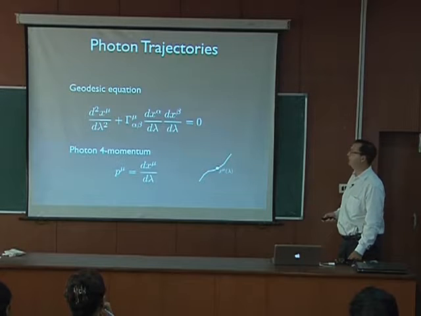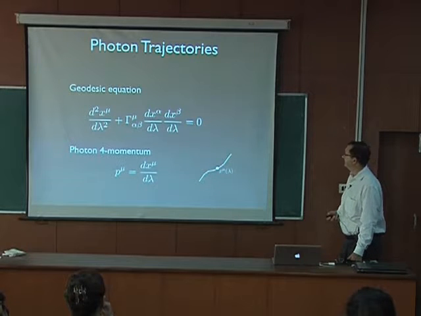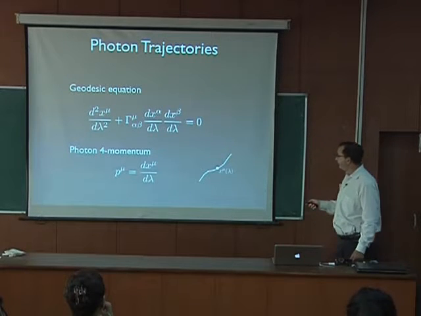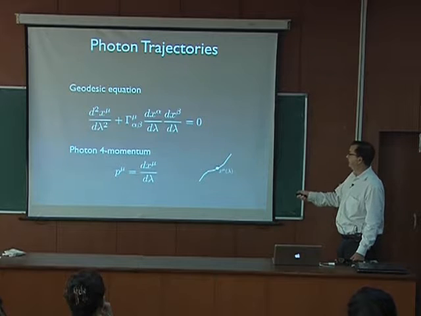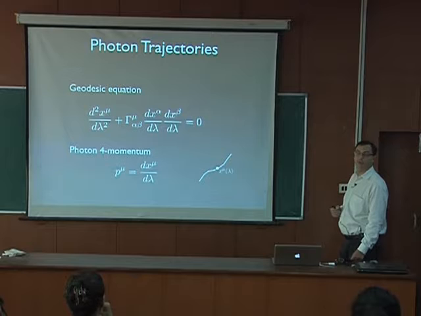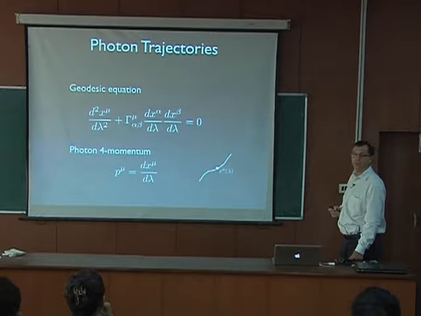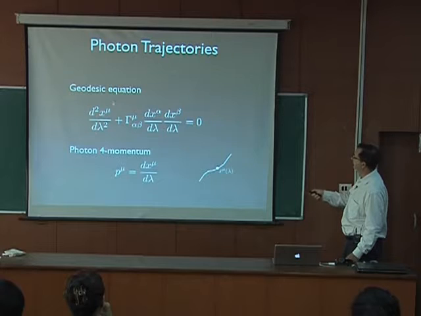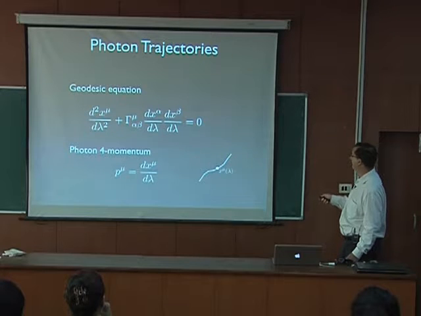And that's given to us by the geodesic equation, which tells us that photons, or particles in general, but we'll be only worrying about photons here, follow a trajectory which is a solution of this equation, which is, roughly speaking, the straightest possible path in this space-time. The equation involves the first and second derivatives of the position of the particle as a function of this parameter lambda.